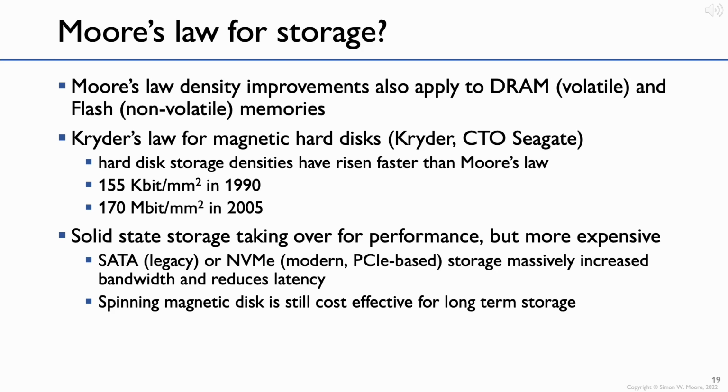Nevertheless, spinning magnetic disk is still very cost-effective for long-term storage. And so we still see hybrid systems, and of course the industry is looking at other storage systems as well for what is often referred to as cold storage, which is where you want to store data, particularly in data centers, that might not get used again for a long time and certainly won't get modified.